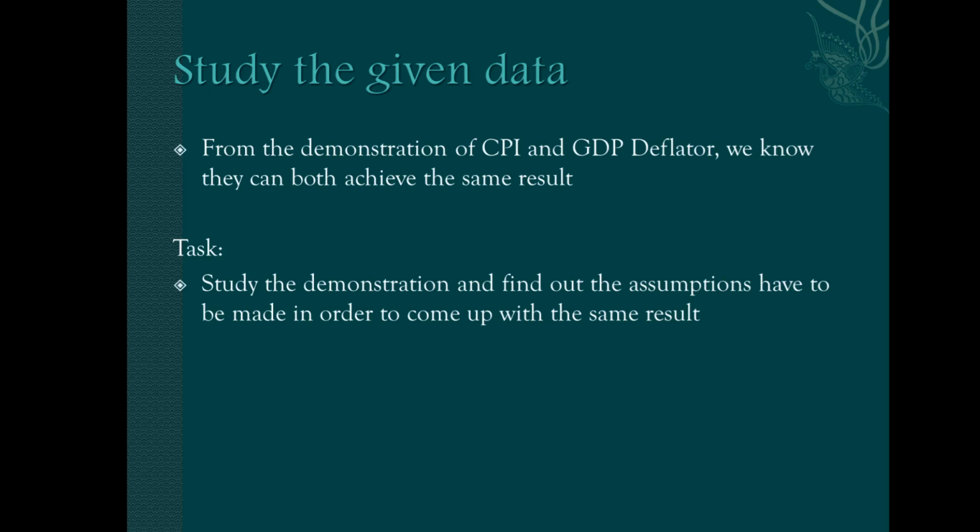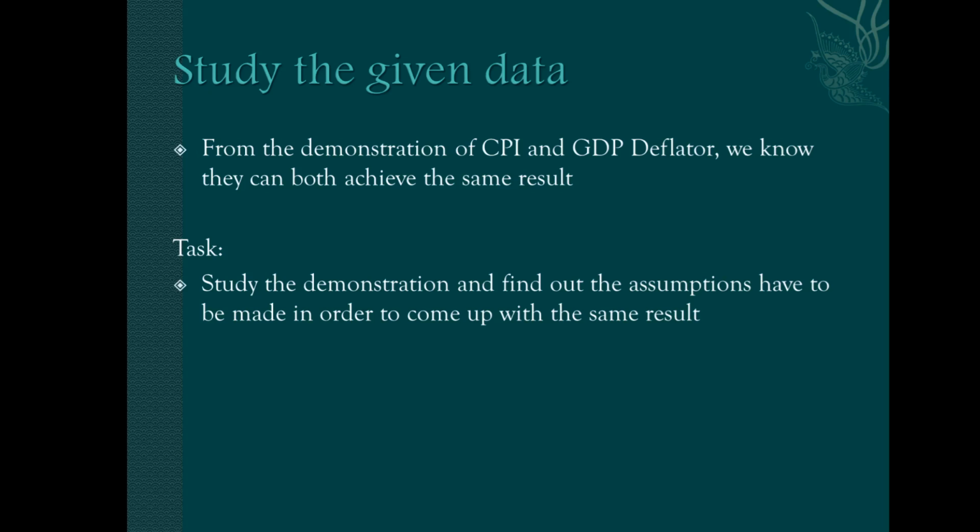From there you can see it is not really possible that these two indicators will come up with the same result, just based on this little information. The basket can contain some imported goods and services, but for GDP we minus those imported goods and services.